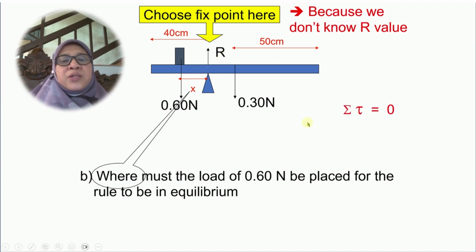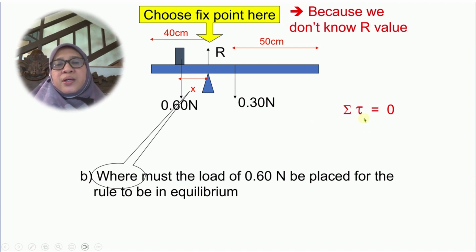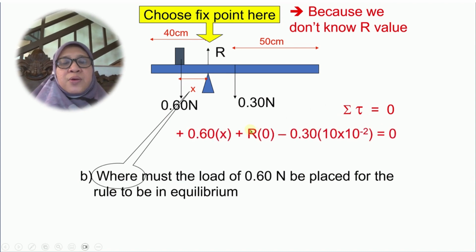We use moments, and the total torque will equal 0. So we choose rotational equilibrium, with anti-clockwise as positive and clockwise as negative. For the 0.60 Newton weight, the distance we don't know yet, so we multiply by x.